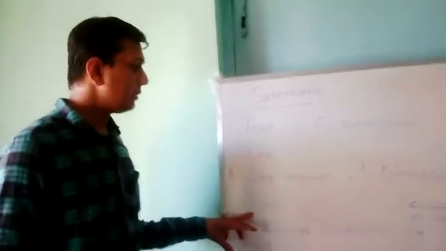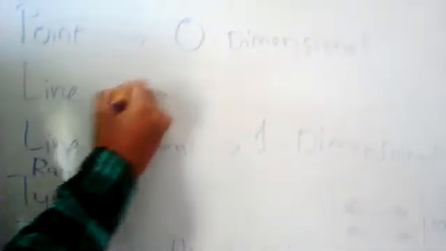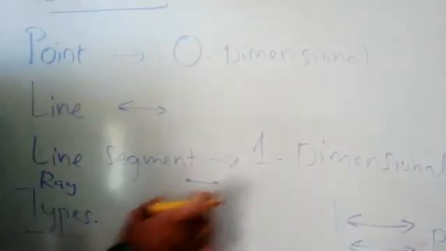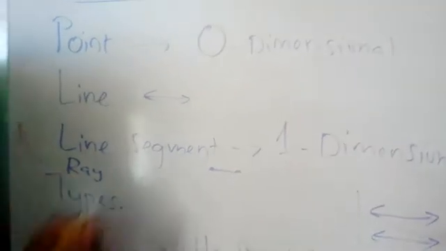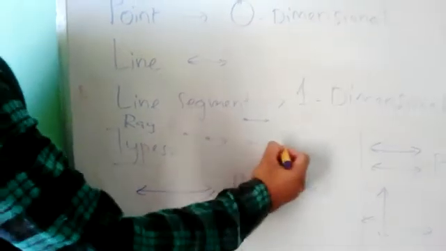Segment is nothing but part. After that we have learnt about the ray also. A line is extending in both directions. A line segment has a fixed length, that's why it is called 1 dimensional.